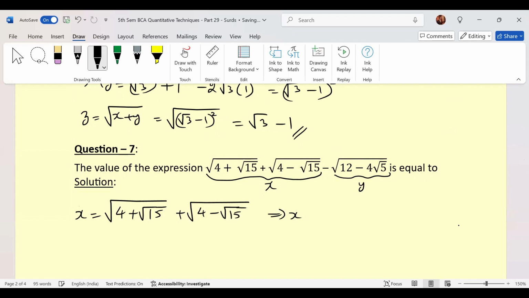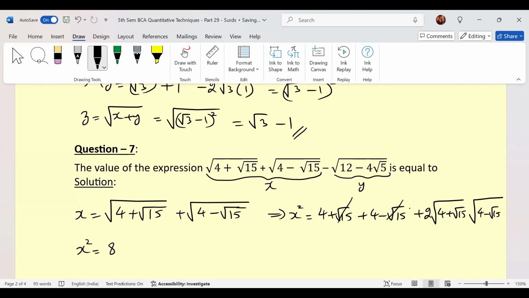That means x square will be this plus this the whole square. If I square this, it is simply 4 plus root 15. Next one, 4 minus root 15, plus 2 times root of 4 plus root 15 into root of 4 minus root 15. So x square will become 4 plus 4, 8 plus 2 times, we can have a common square root.